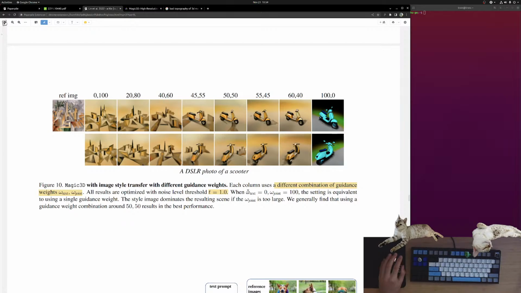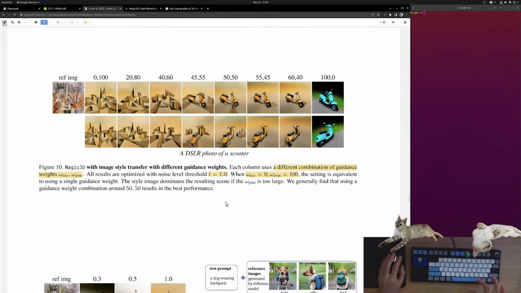Okay, so these were the weights that we were looking at before, where W_text is how important the text embedding is for the text conditioning, and W_joint is the image. So how much weight are you giving to the image conditioning?